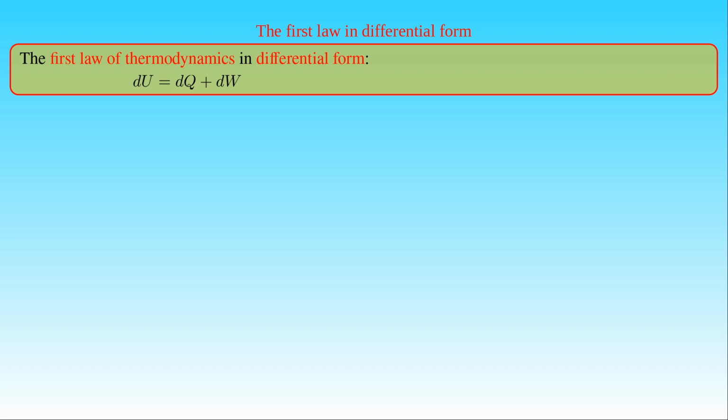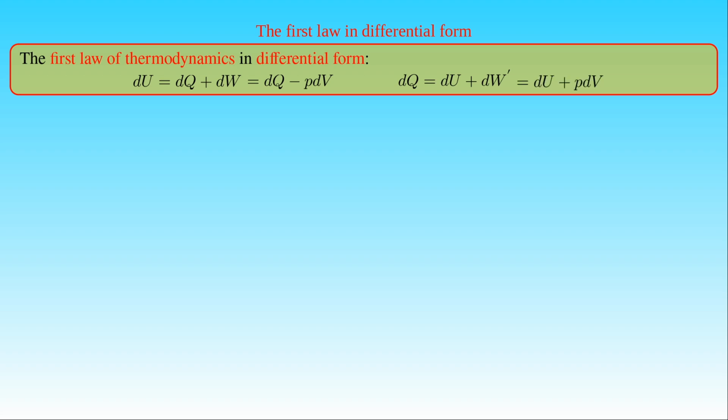In the case of the pressure-volume work done on a gas with the pressure P and the infinitesimal change dV in its volume, the change dU in the internal energy of the gas is given by dQ minus P times dV. Similarly, we can write that the infinitesimal heat dQ absorbed by the system is equal to the infinitesimal change dU in its internal energy, plus the infinitesimal work dW' done by the system, where the work dW' done by an expanding gas can be written as P times dV.